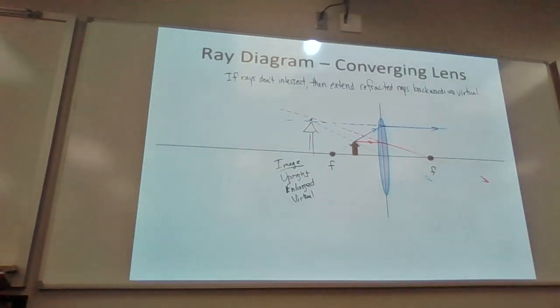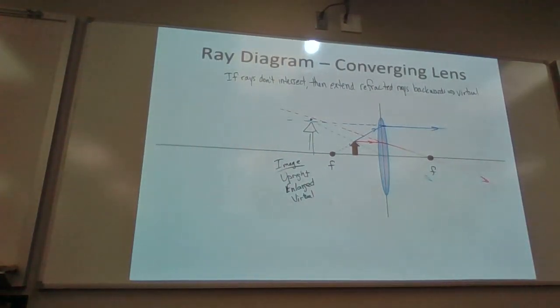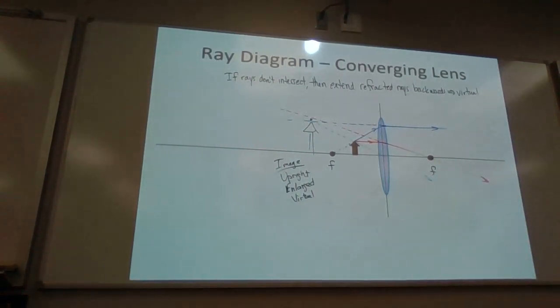How's this demonstrated? This is actually how we use magnifying glasses for just normal purposes. Take the magnifying glass, the converging lens, and hold it near your paper. That image should be enlarged, upright, and virtual.